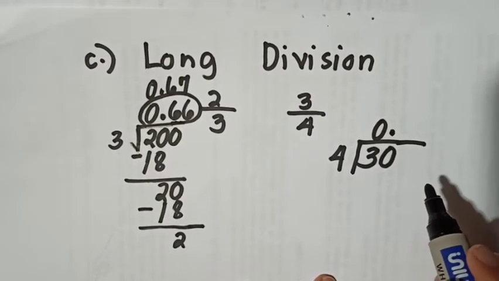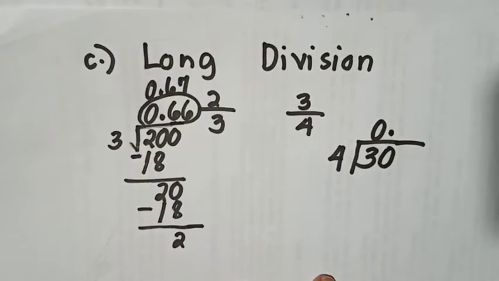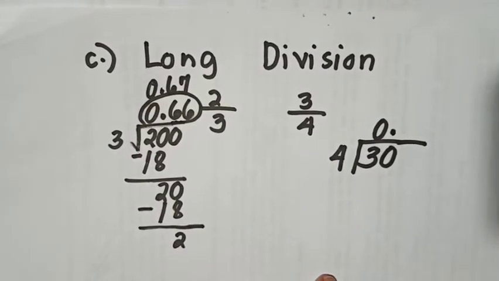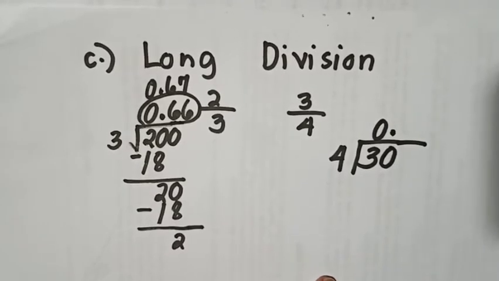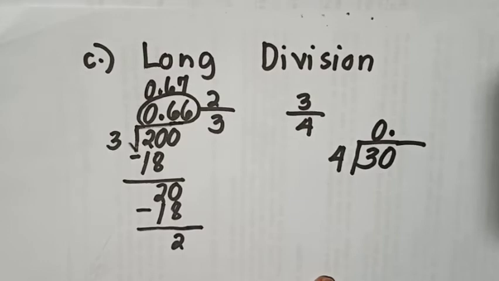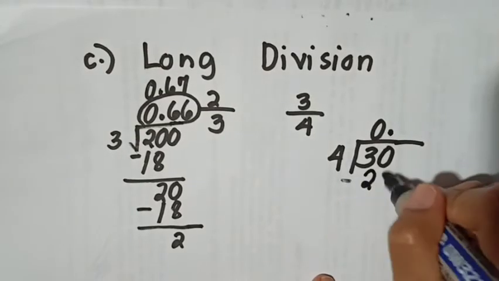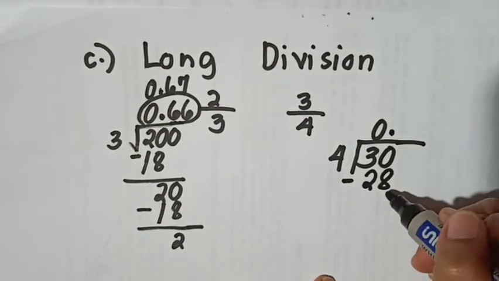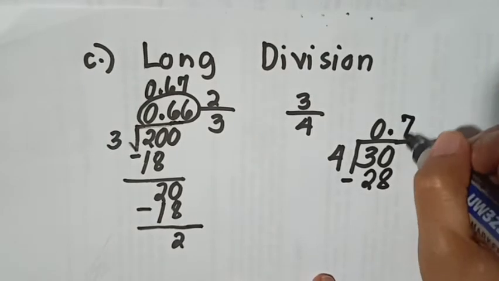Otherwise, you will be violating the rule of division. So the best thing, if you skip count: 4, 8, 12, 16, 20, 24, 28. Oh, it's only until 28. And 28 divided by 4 is 7.